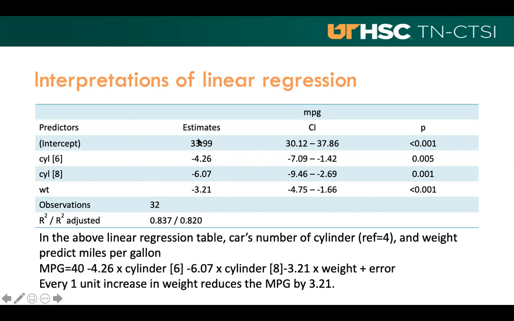So the intercept is 33.99 or 34, minus 4.26 times cylinder 6. If the cylinder of the car is 6, it would be 1 here. We put 1 here, and we put 0 here. And again, we hold the weight, and we can estimate the miles per gallon for a given car.